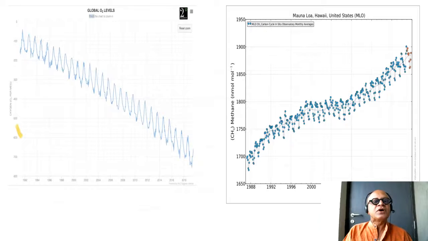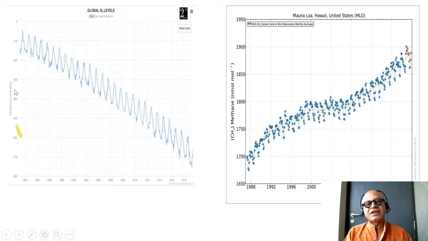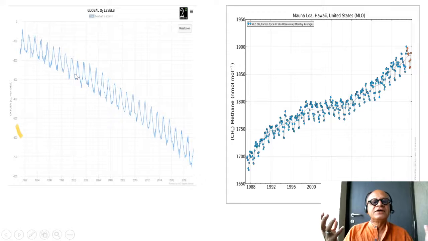Okay, so associated with that burning of fossil fuels, there is a signature in the oxygen as well. So this is showing oxygen per meg. So it's not tremendously significant in terms of the amount of O2 there is in the atmosphere, almost 21%.